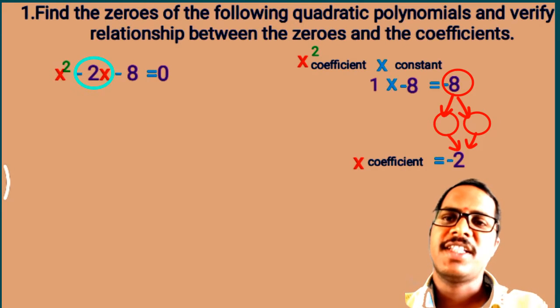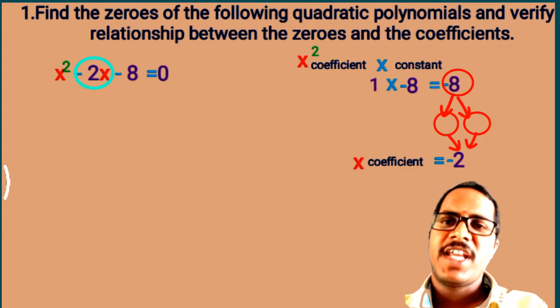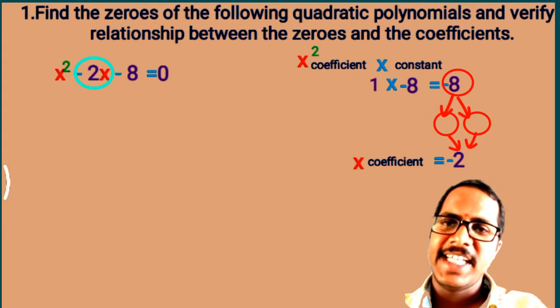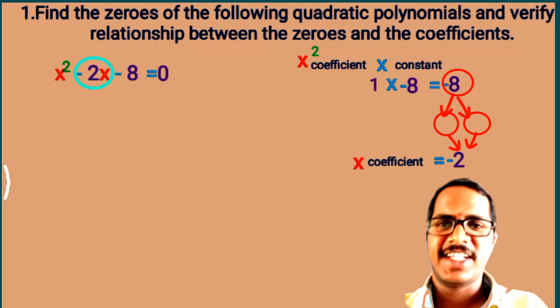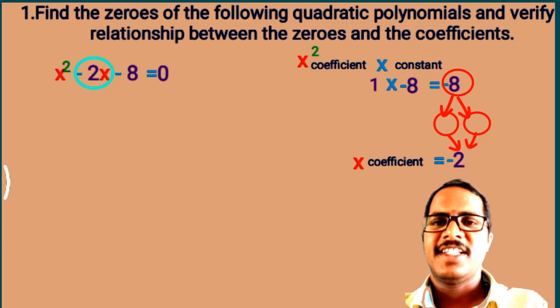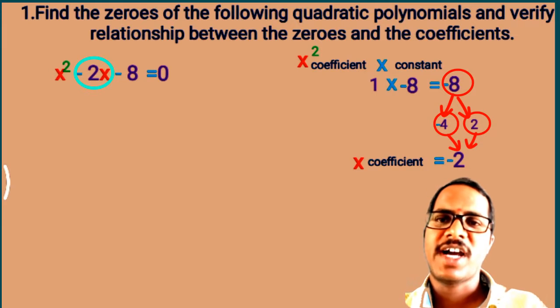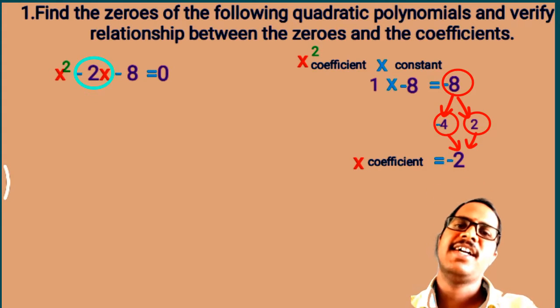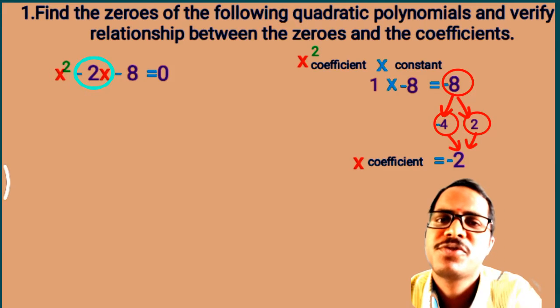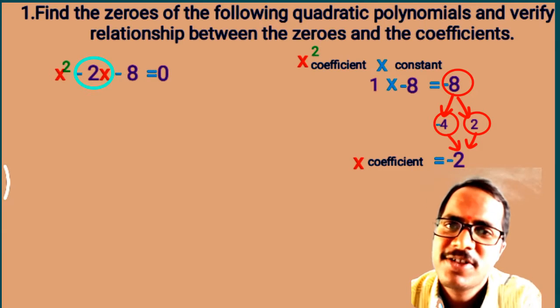Now tell me, what are the suitable pair of factors that we need to consider here? Very good. The suitable pair of factors here are minus 4 and 2, since their product is equal to minus 8 and the sum of those two factors equals minus 2.